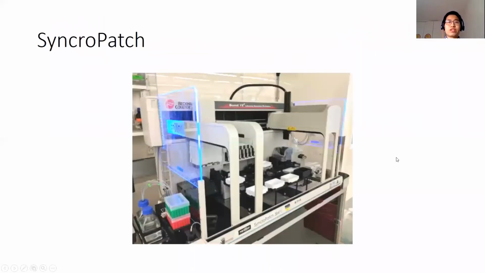So yeah, anybody here is familiar with the SynchroPatch system. It's such a powerful system. It allows us to record from 384 cells per plate, and we can easily run 3 to 4 plates per day, getting data from over 1,000 cells. But we realized we might actually spend days, if not weeks, analyzing the data at the beginning of our SynchroPatch experience.